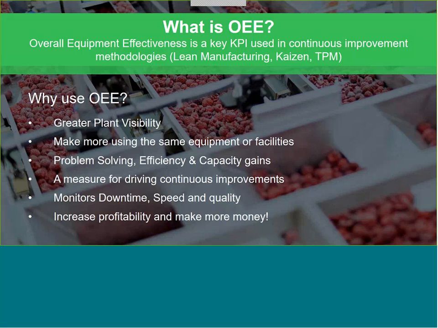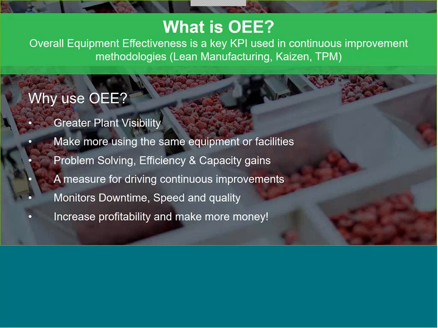So why use OEE? Why would you look to roll out an OEE solution? When it's implemented correctly, an OEE solution can provide you greater plant visibility. Your production engineers and management spend less time firefighting those issues, and now they can look to turn all that production data into actionable intelligence and use that to drive continuous improvement programs, and that's only possible with that level of plant visibility.